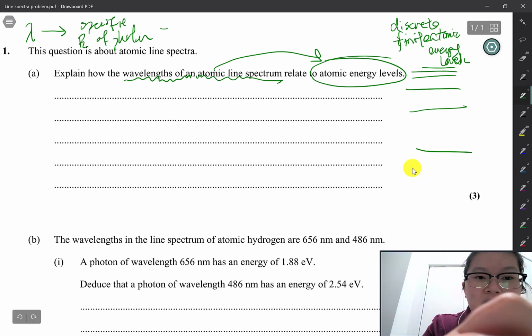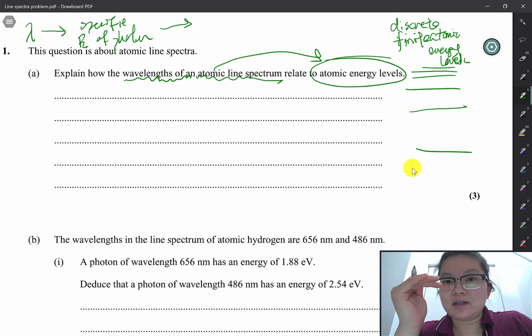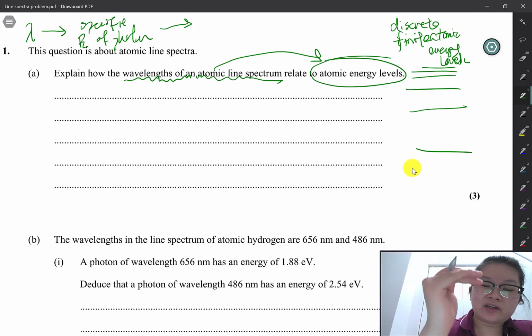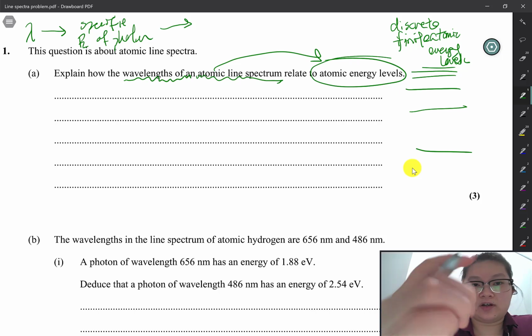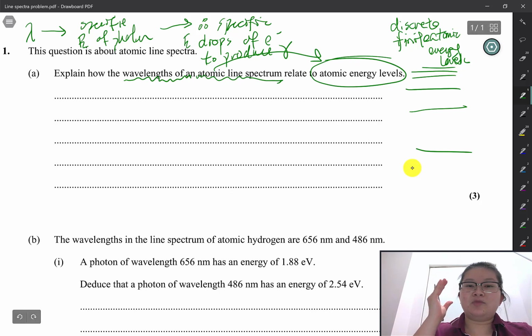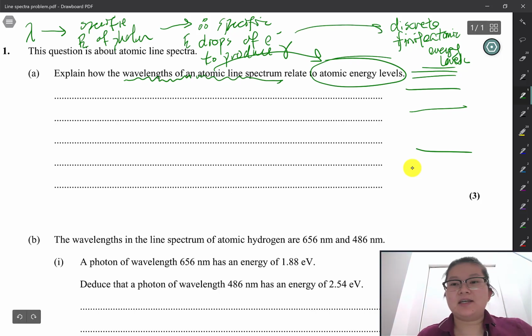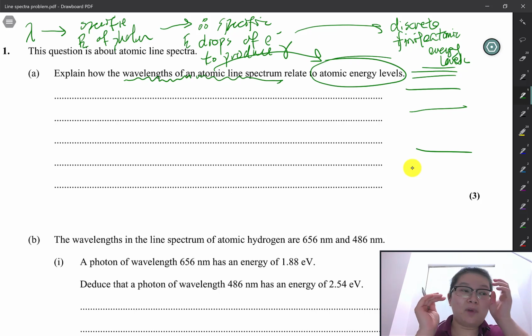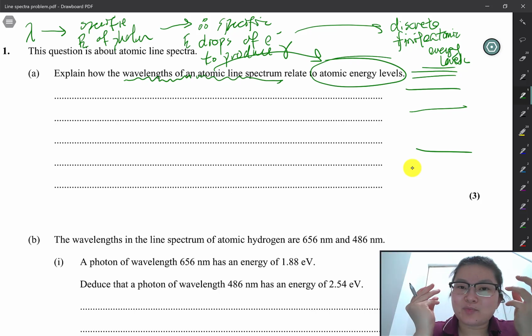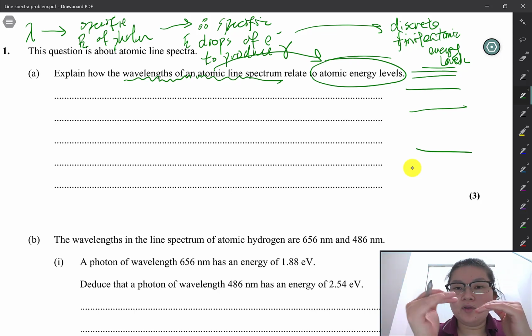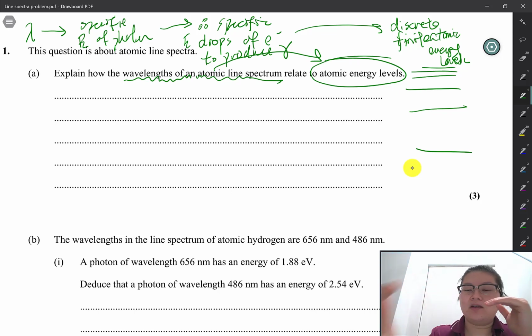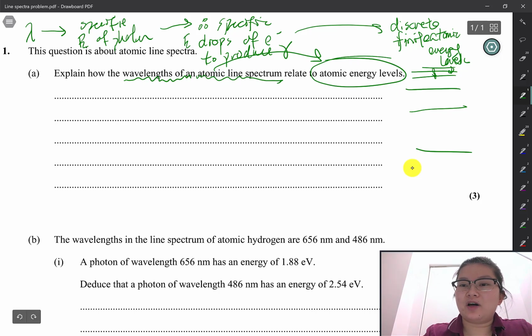This must correspond to the electrons dropping down specific energy levels to produce these photons. So I need specific energy level drops of electrons to produce these photons, and this must lead to the fact that in order for us to get photons of specific energy, there can only be discrete energy levels for which these electrons are able to drop.